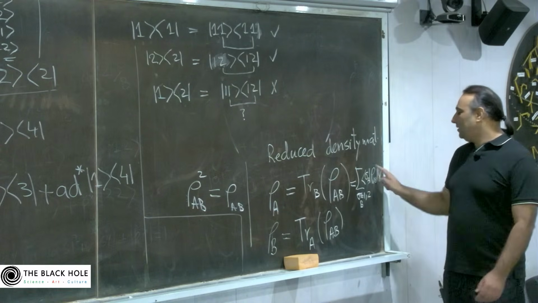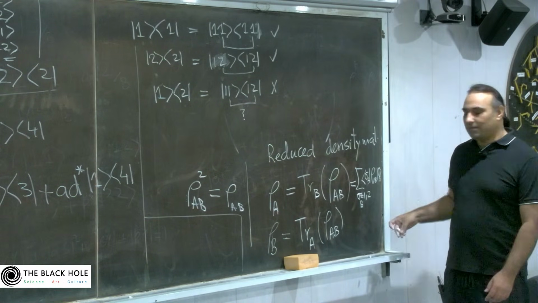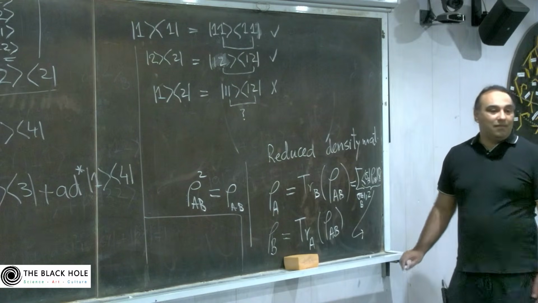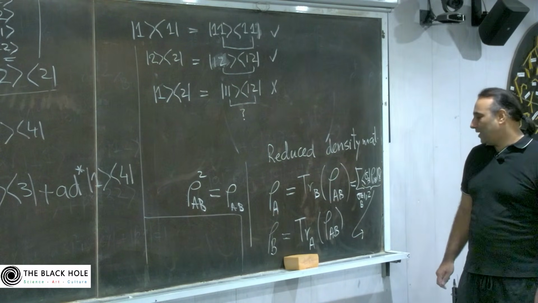But these projectors, these inner products, are not simple numbers. Why?